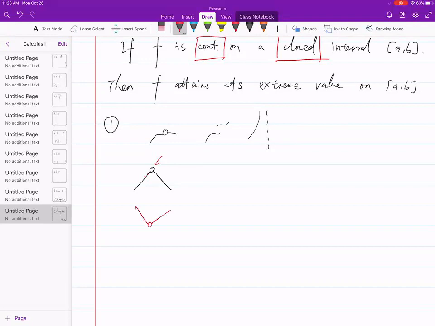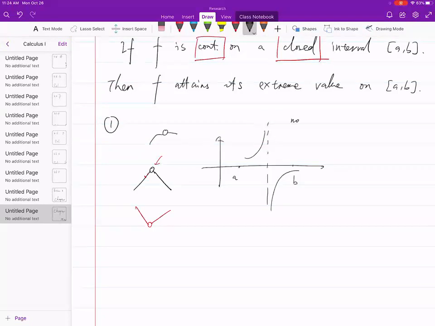Second, what if you have something like this? What's the maximum on this interval [a, b]? Infinity, or say no maximum. That's why we need it to be continuous. Otherwise, bad things happen.